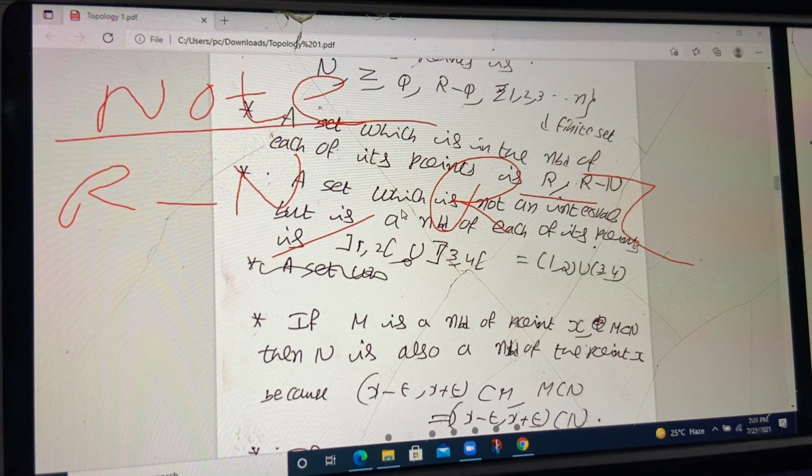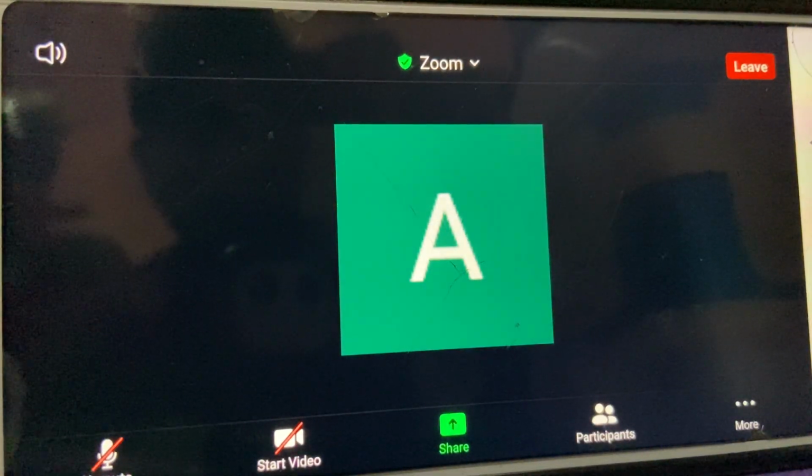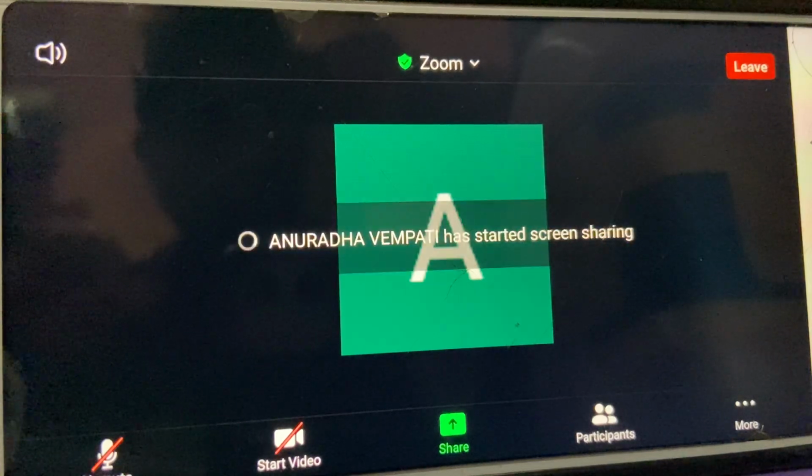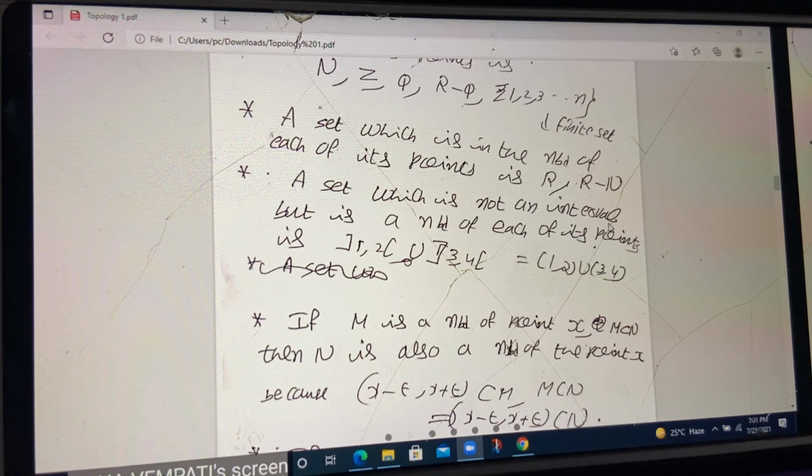Next. Now, next one. A set which is not an interval. Just now I have given R minus N and R minus Z. One more: a set which is not an interval, but is a neighborhood of each of its points.